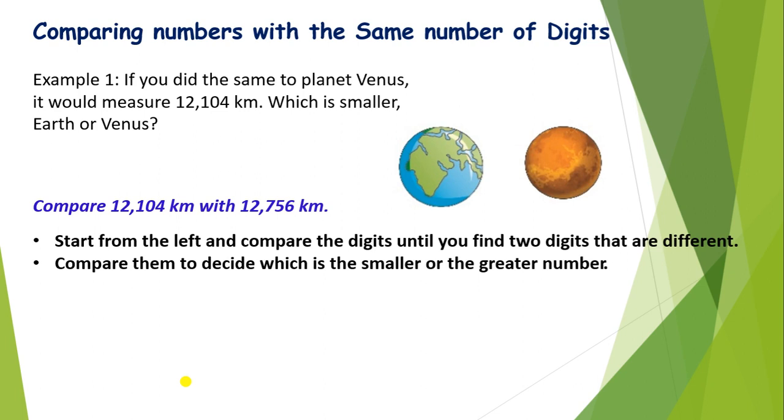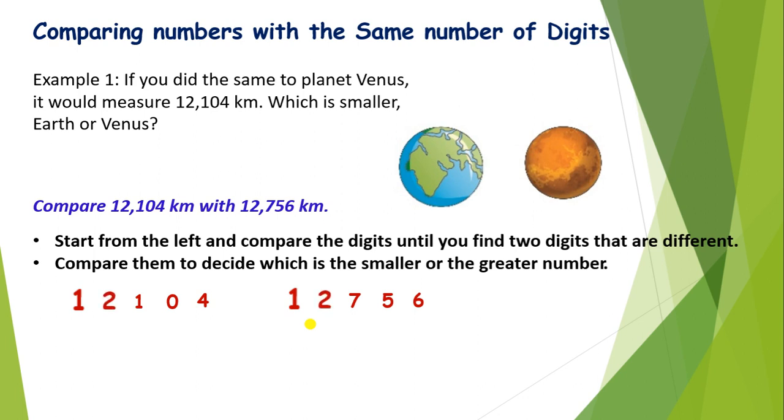Let's see how to do this. Let's take both numbers and start comparing from left side. In the first number the leftmost digit is 1, whereas in the second number also it is 1. So both are same. Because both are same, we will go for the next digit.